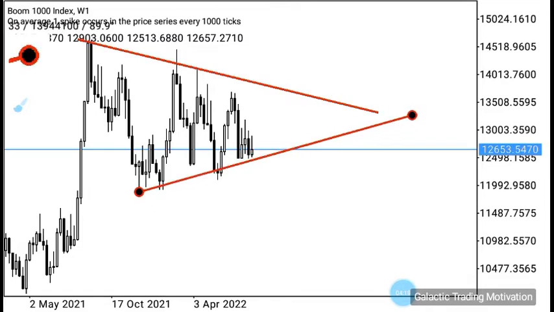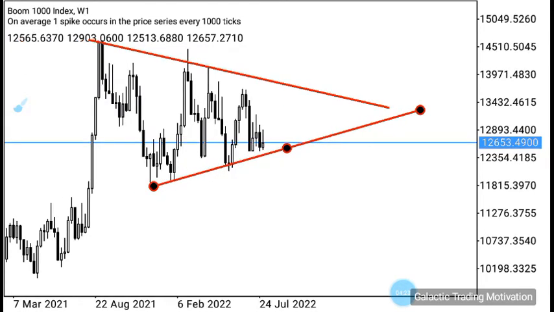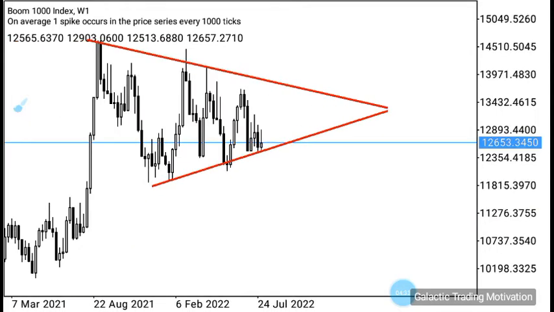There we go. Yeah, so there goes our triangle, more or less, right? So here we are on the weekly chart. What else do we see on this chart that we should be paying close attention to?